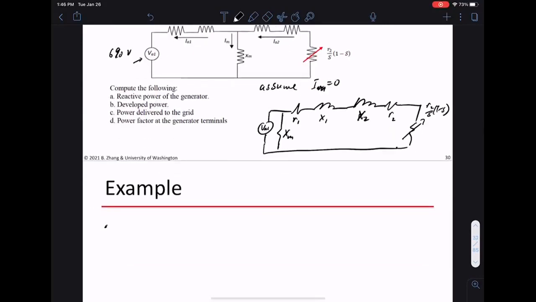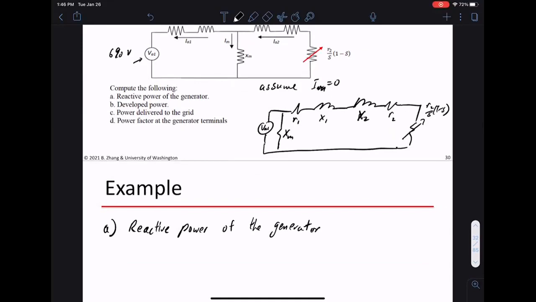Question A says to find the reactive power of the generator. This generator is producing some active power, but let's see what the reactive power is.